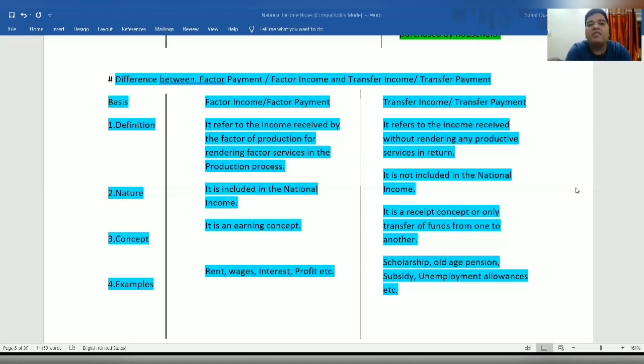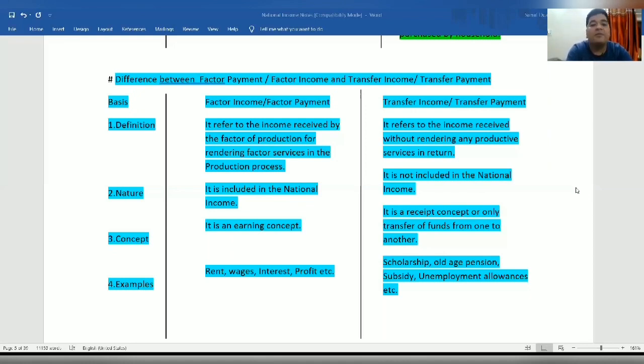So basically we have to understand that the income that we get by providing the factor services to the production unit, these are called your factor income or the factor payment. But the transfer income or the transfer payment is one in which there is no promise of providing services in return, especially productive services are not provided in return.